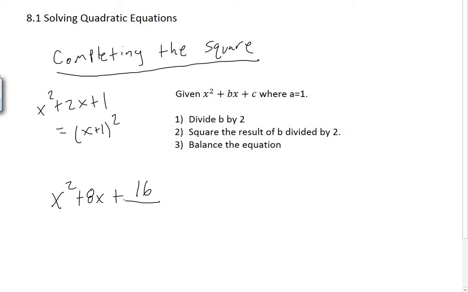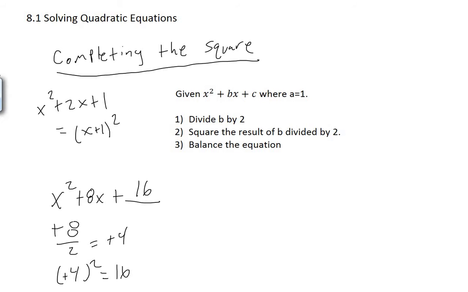So like I said, 16 was the number that created the perfect square trinomial. 8 divided by 2 gives you positive 4, and then positive 4 squared is 16.